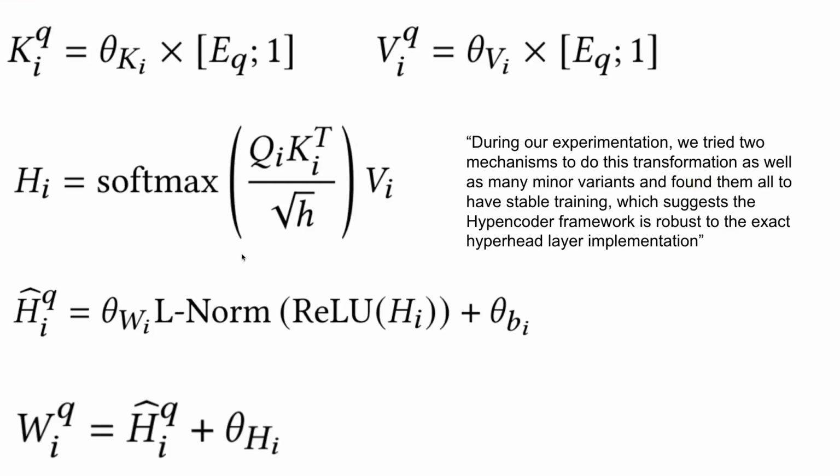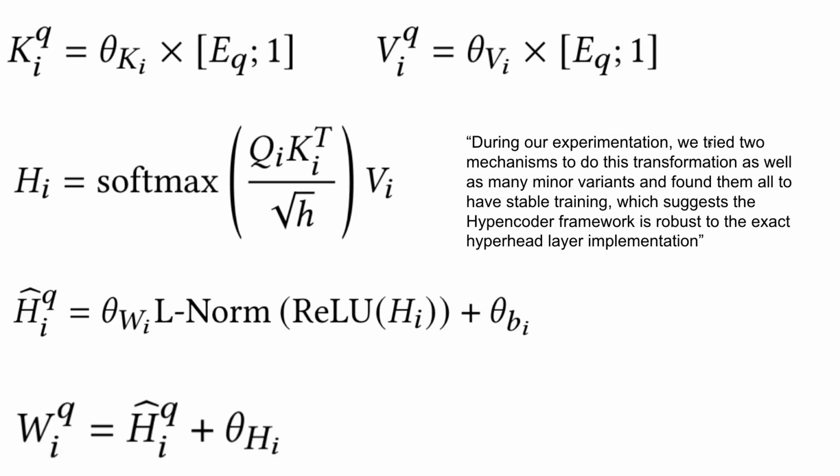So putting everything on one screen, we start with our BERT encodings of our query tokens. We get our K and V matrices for that layer. We calculate scaled dot product attention, and we get the H i matrix. We pass that through a ReLU and an L norm, multiply that by learned weights, and add a learned bias, and we get our H hat I. Then we add some universal representation of query tokens, theta HI, which is learned as well during the Hypencoder's training, and we get our final weight matrix for that QNet's layer.